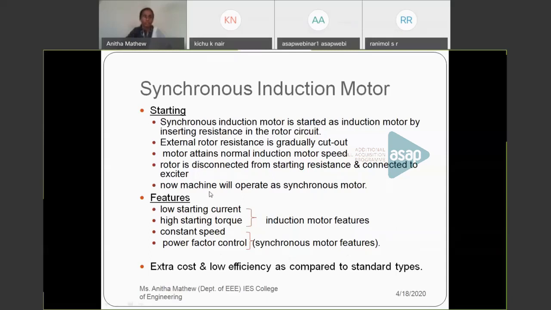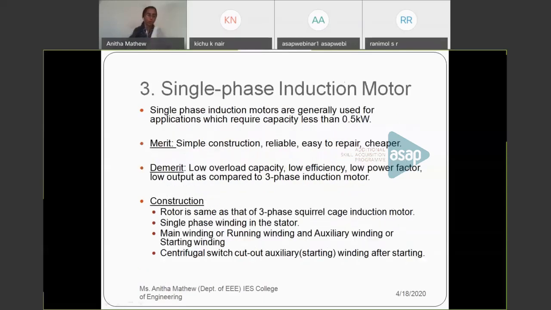For the synchronous induction motor, all four features are there. Next is low efficiency as compared to the standard type. This is all about the synchronous induction motor. Hope you have understood.